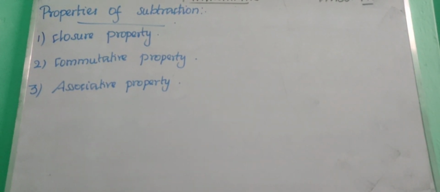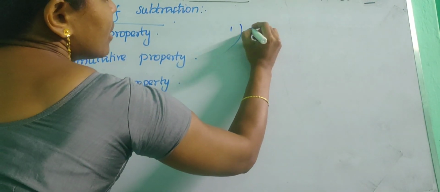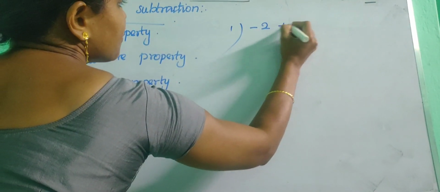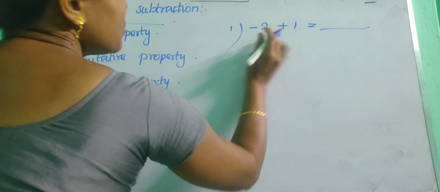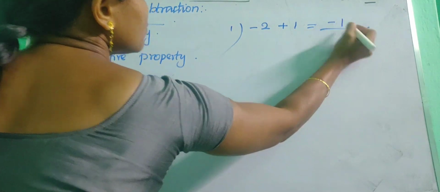Okay. So what have we learnt about closure property? Simply if we are adding or subtracting any two integers, again we will get an integer as the answer. Okay, that is closure property. So for this first one let me give you minus 2 plus 1. What is the answer? We will get the answer as minus 1, right?